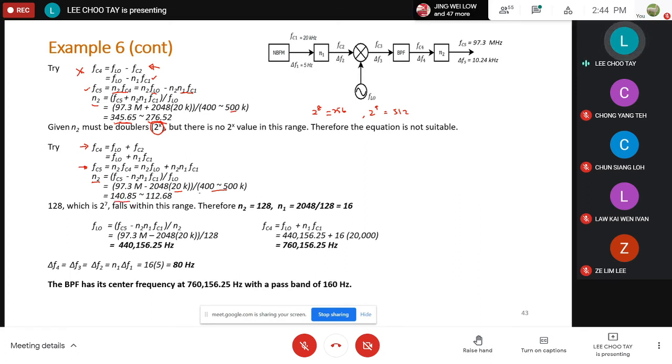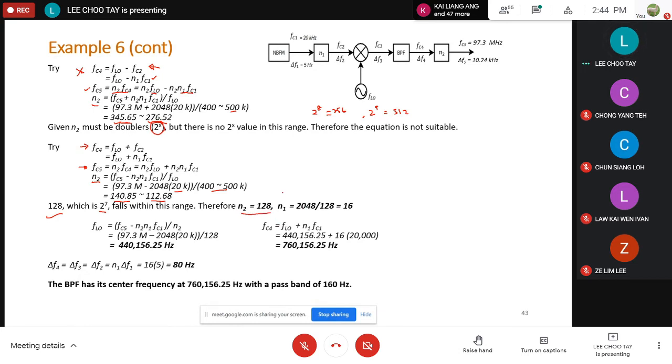Divide by 500k, you get 112.68. Within this range there is one number that fits our requirement, which is 2 to the power of 7, which gives you 128. Therefore, we found our N2, which is 128.